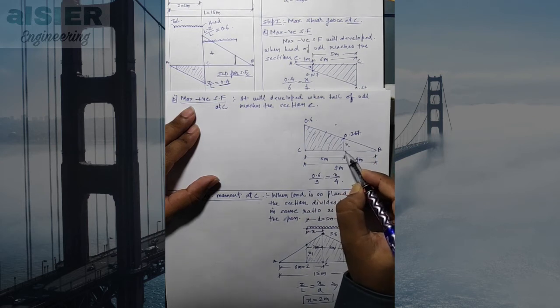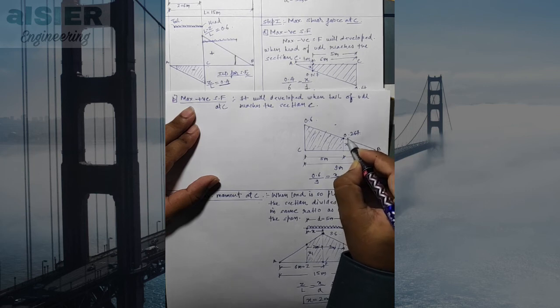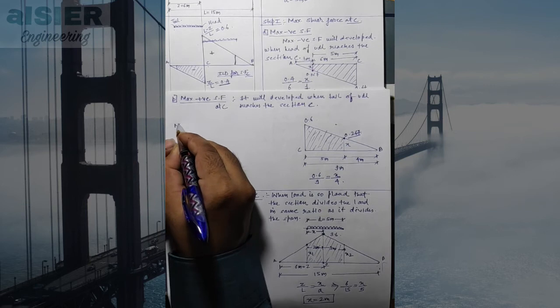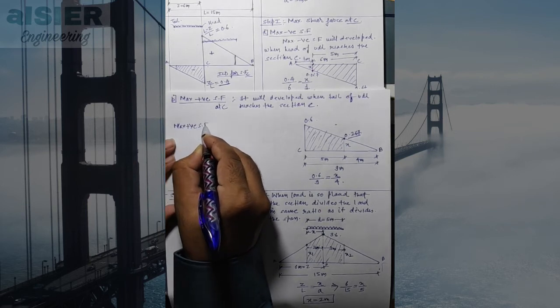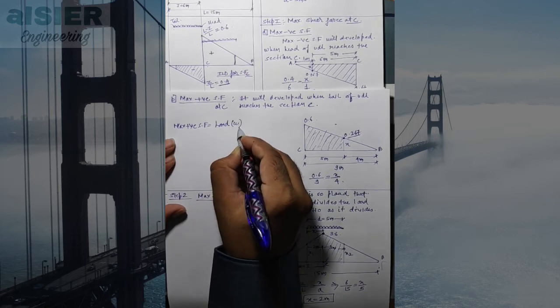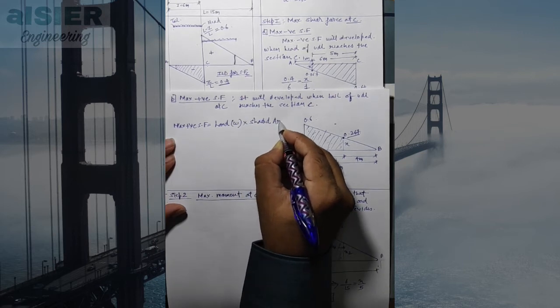And this ordinate is x. Again using similarity of triangles, we have calculated this ordinate. This ordinate is 0.267. Now we will calculate the maximum positive shear force, and again the formula is the same: load W into shaded area.